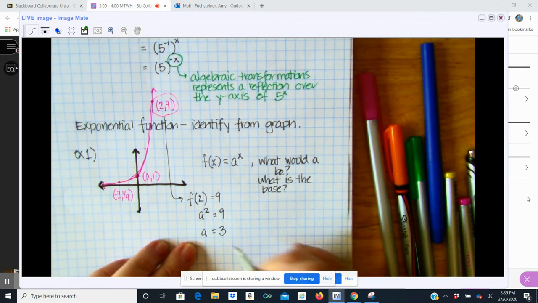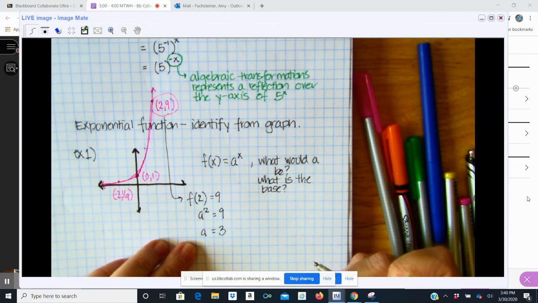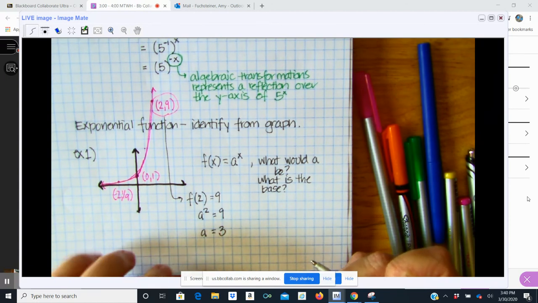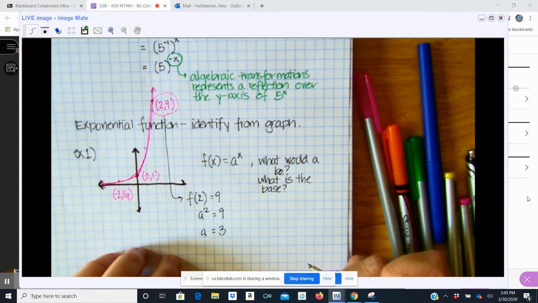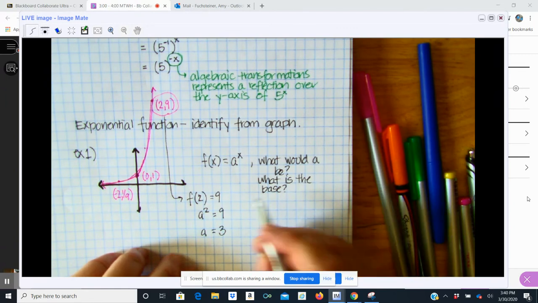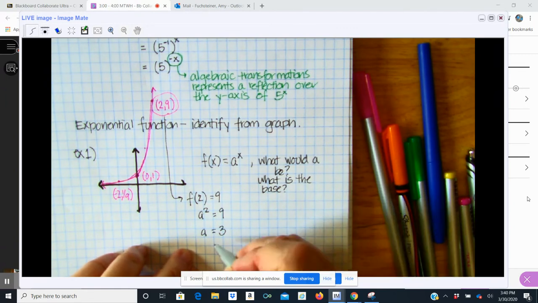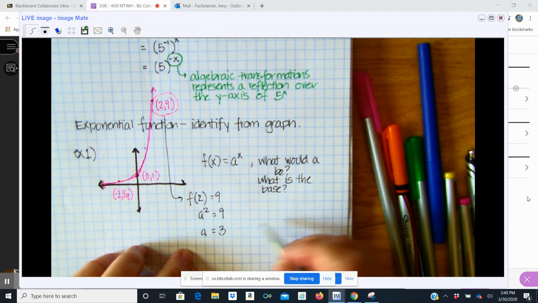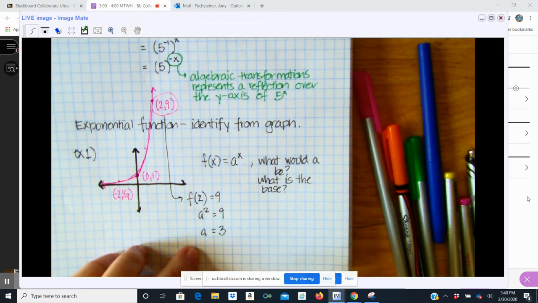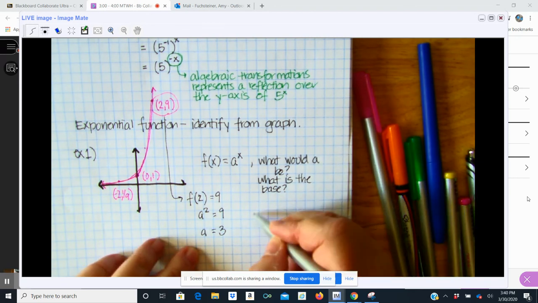Now, why not negative 3? We have defined this so that all of our bases have to be greater than 0. So I wouldn't use the -3 because that's not greater than 0.